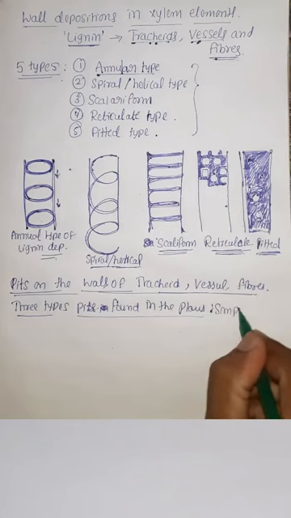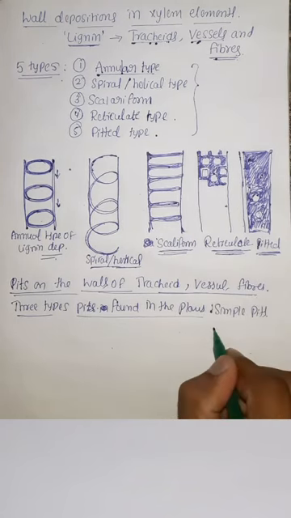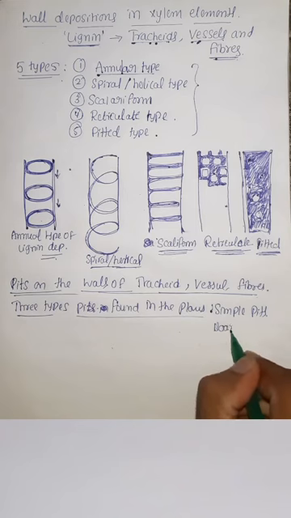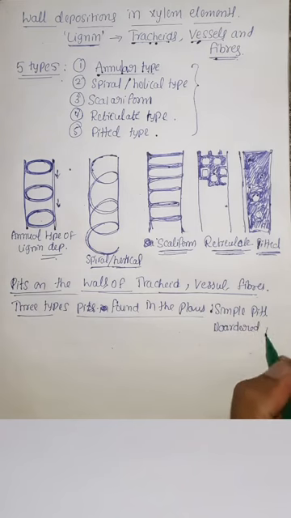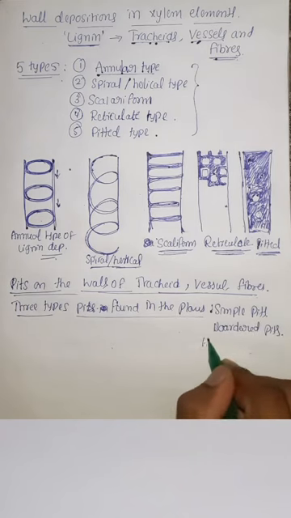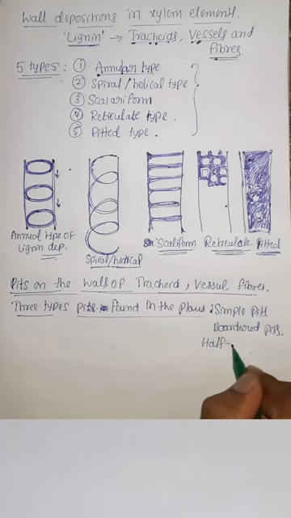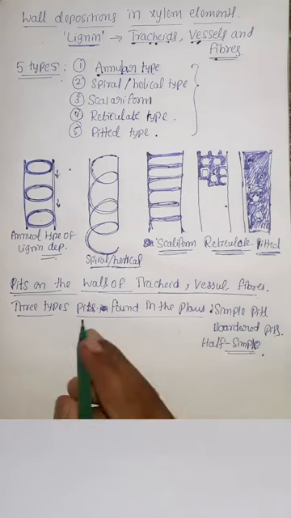They are simple pits, bordered pits, and half simple pits or half bordered pits. Now I will explain these three things with simple diagrams.